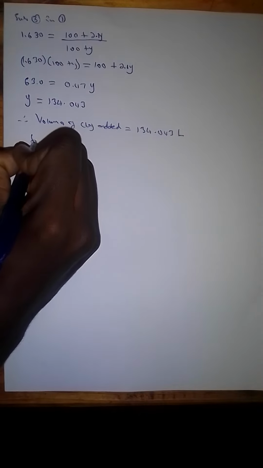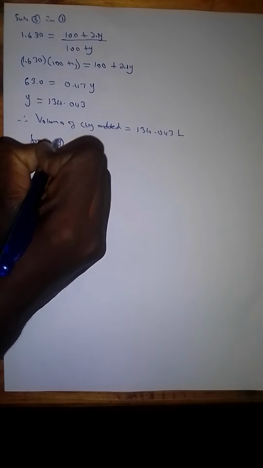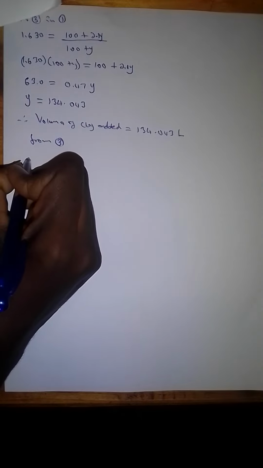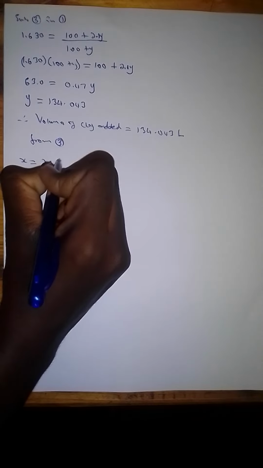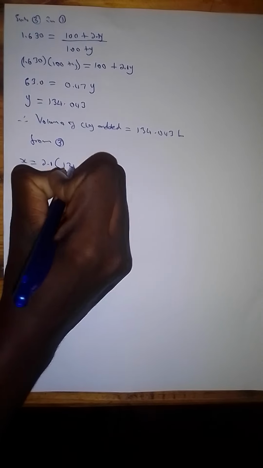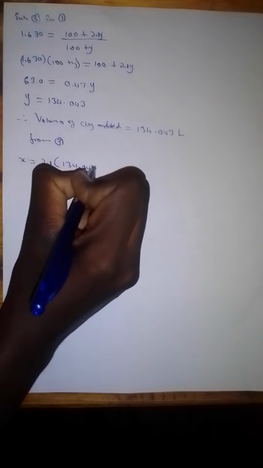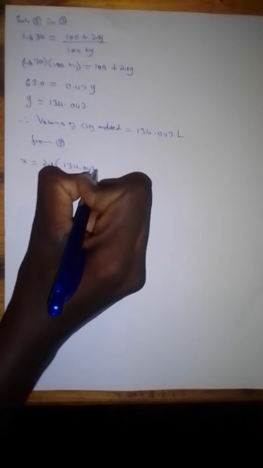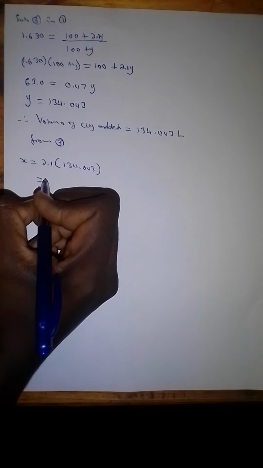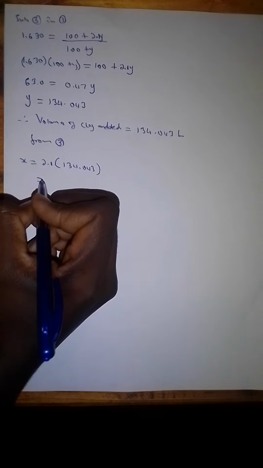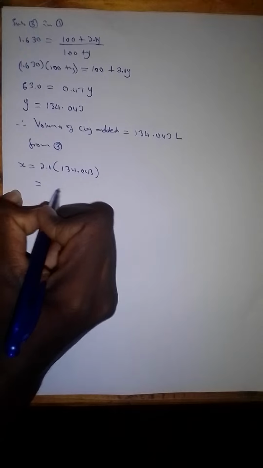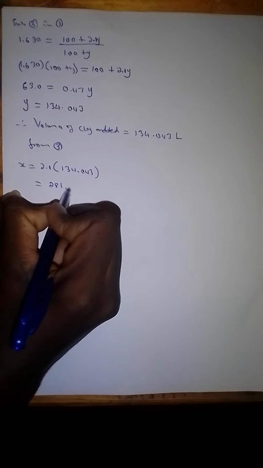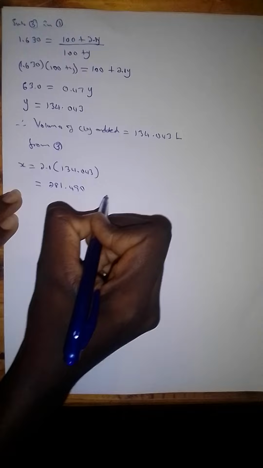From 3, x is equal to 2.1 multiplied by 134.043, and the answer becomes 281.490.